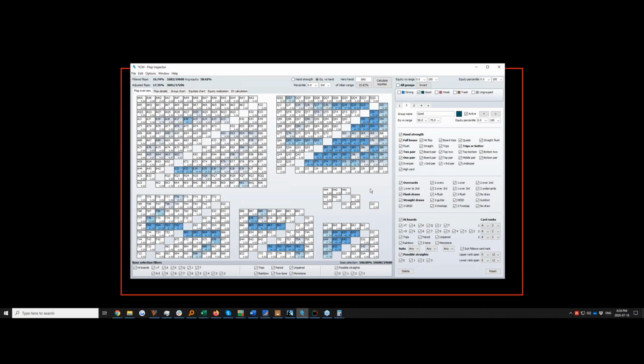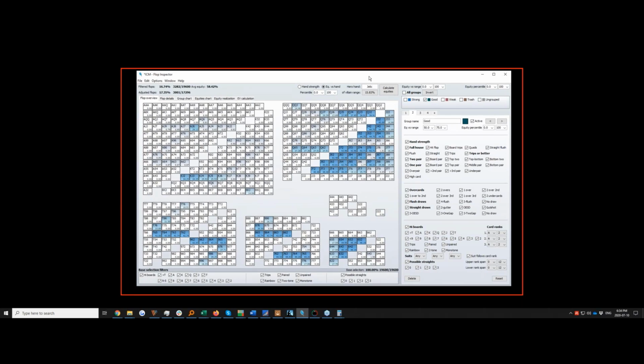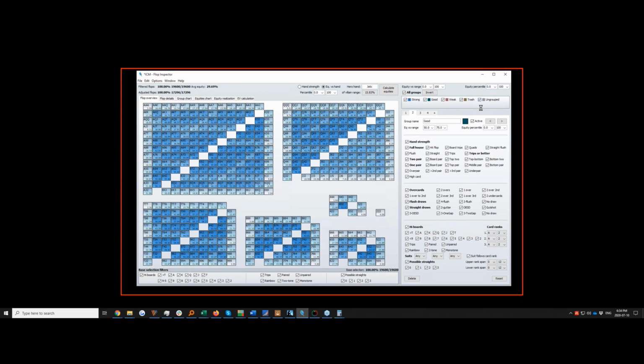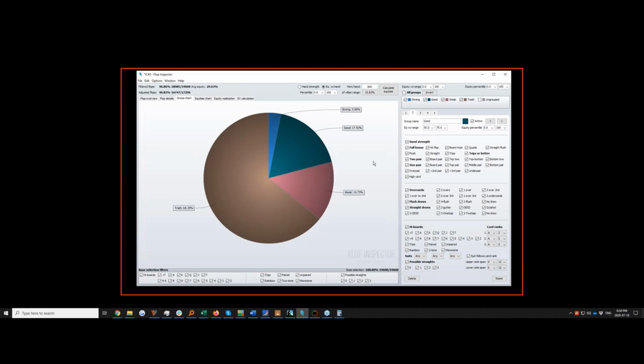What I'm explaining here is that the important thing is to look at your hand and try to visualize this and think, okay, given the playability of the hand: the more connected the hand is, the more high card value the hand has, and the more suitedness. Those are the main things to look for in your hand. How connected it is, if it is suited, or if it has high card value, right?